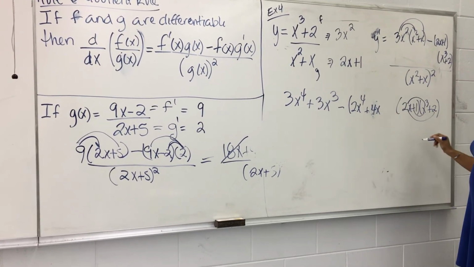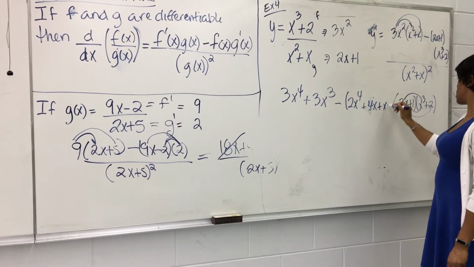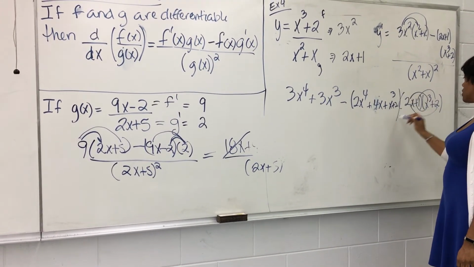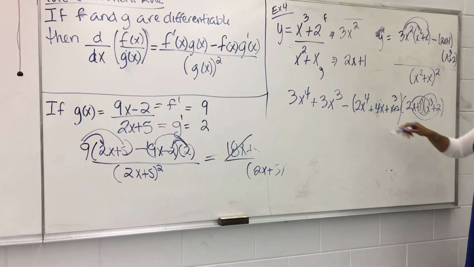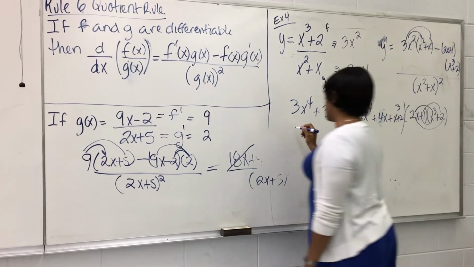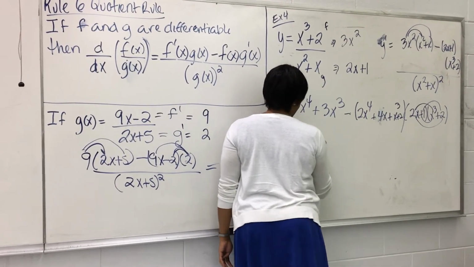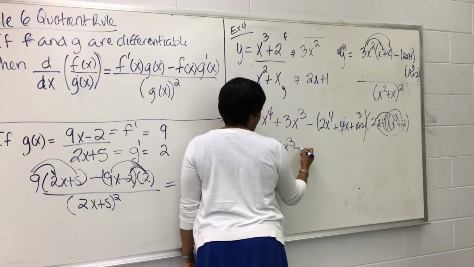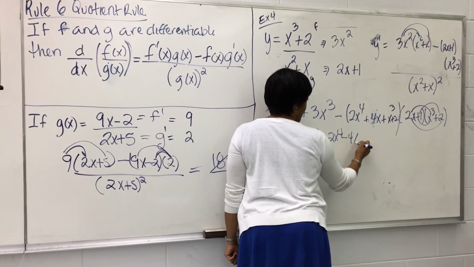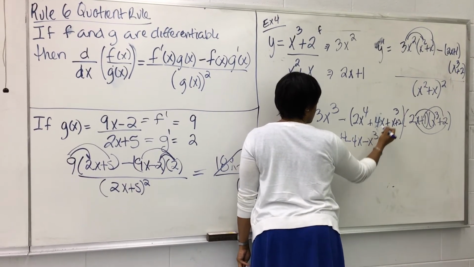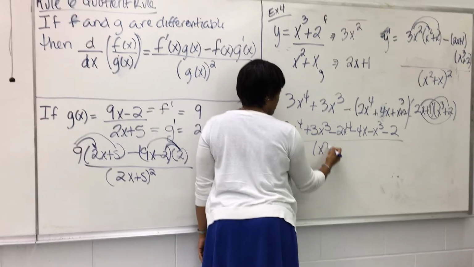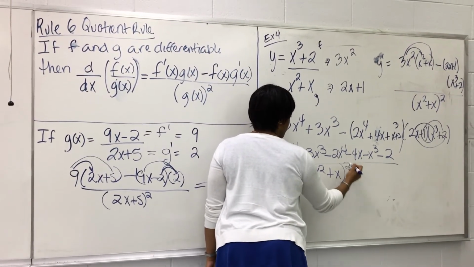Then this will give me a plus x cubed. And last but not least, plus 2. Then I still need to distribute the minus sign. So we have 3x to the 4th plus 3x cubed minus 2x to the 4th minus 4x minus x cubed minus 2, all over x squared plus x, squared.